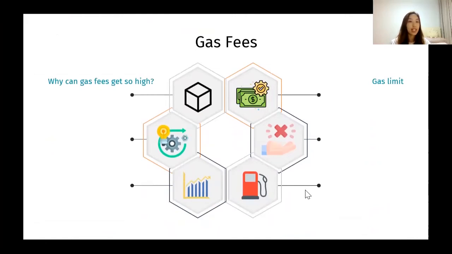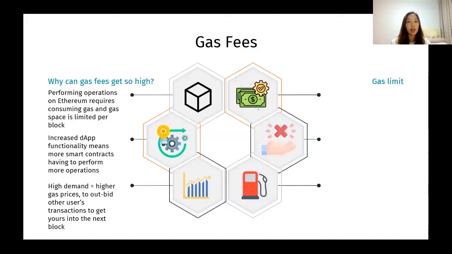And next, why can gas fees get so high? So high gas fees are due to the popularity of Ethereum. Performing any operation on Ethereum requires consuming gas, and gas space is limited per block. So this includes calculation, storing, or manipulating data, or transferring tokens, where each consumes a different amount of gas units.